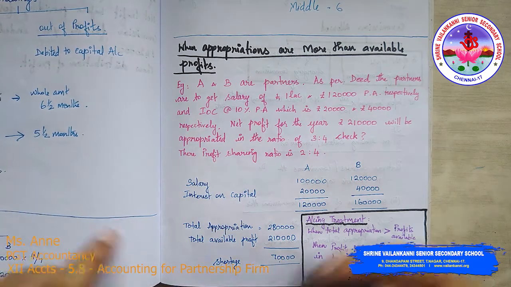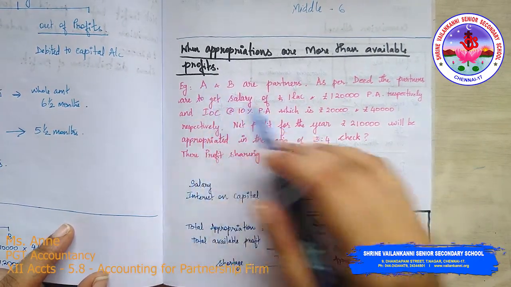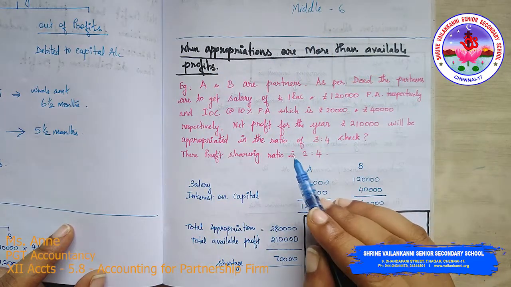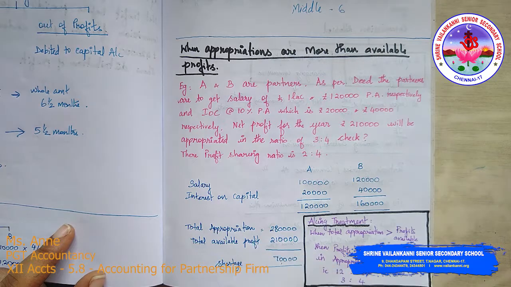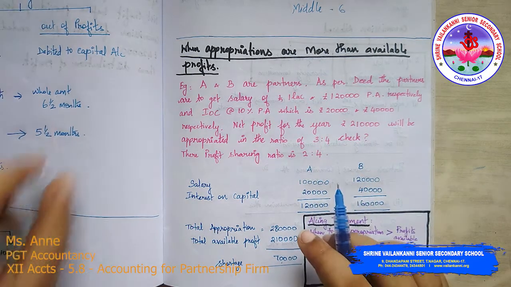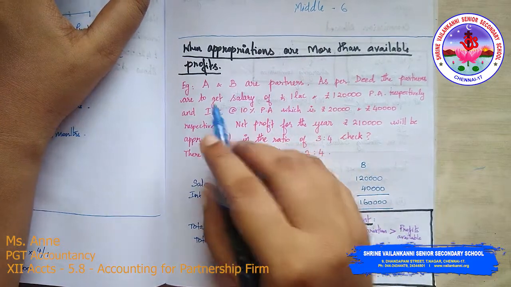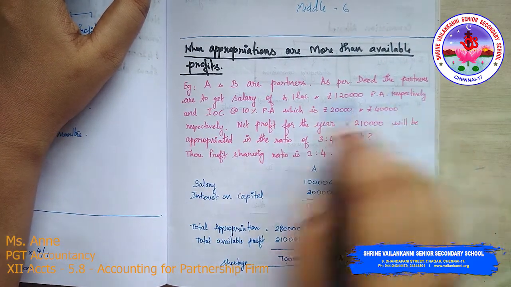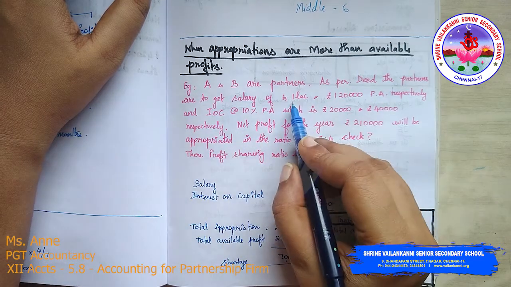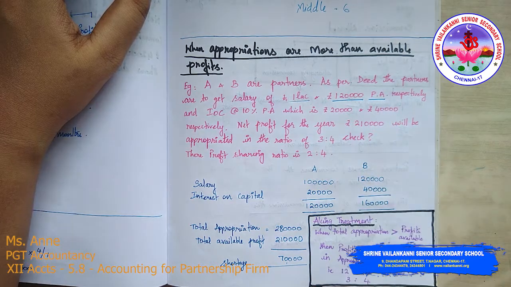When appropriations are more than available profits. When profits are less but the amount to be appropriated among the partners is more, what to do? I will just read through this example. A and B are partners. As per the deed, the partners are to get a salary of 1 lakh and 1,20,000 per annum.